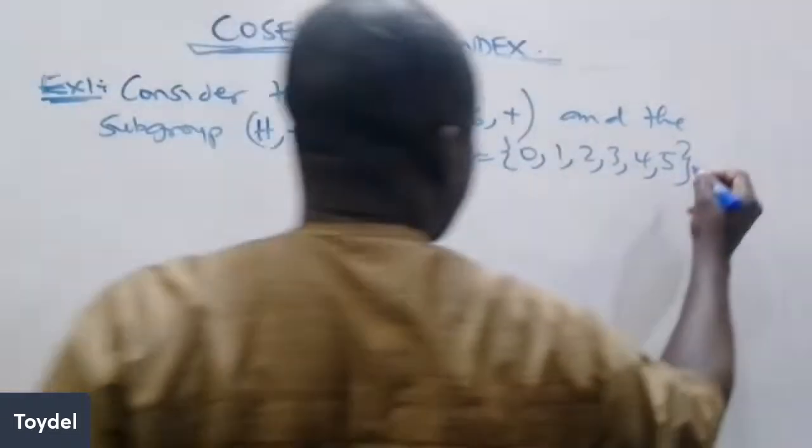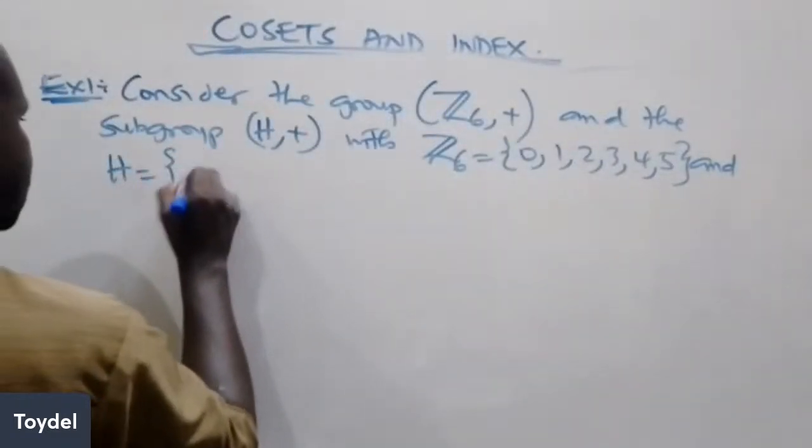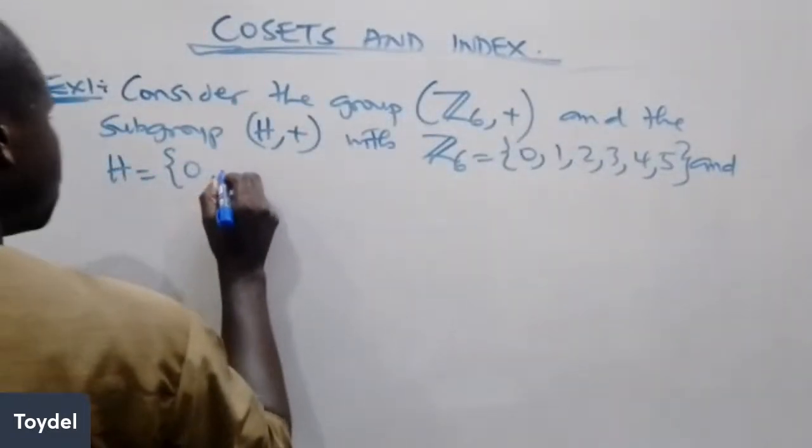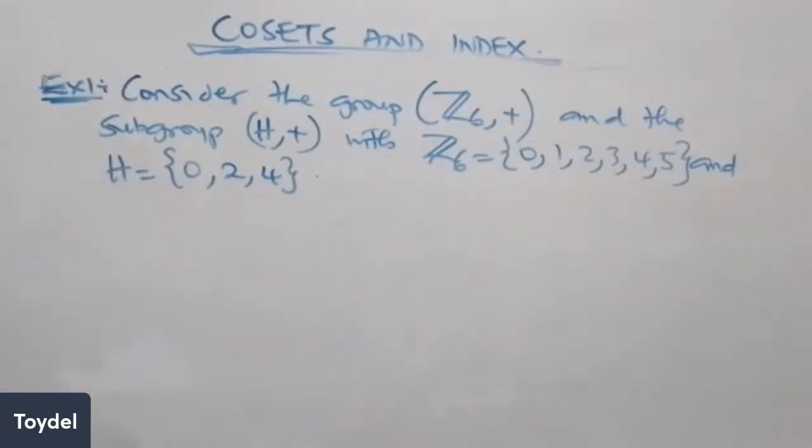That's what we have. And H is equal to {0, 2, 4}. So of course, H is a subset of that Z6 as we have it in the example.